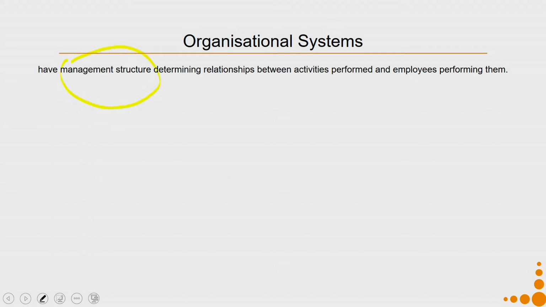The next system that we are going to study will clearly show the implication of these words. Whenever we are talking about organizational systems, we are talking about the management structure which determines relationships between activities performed and the employees performing them.